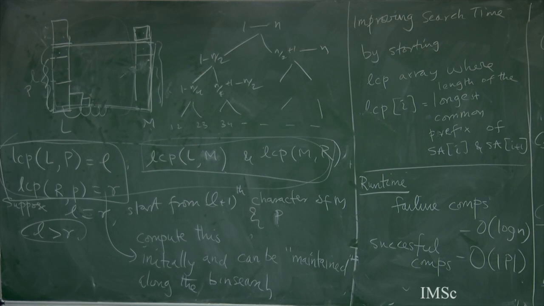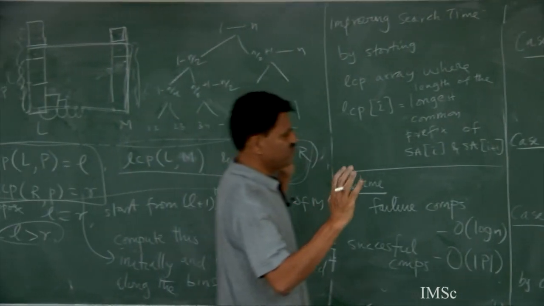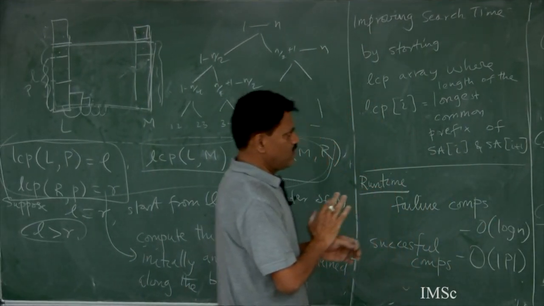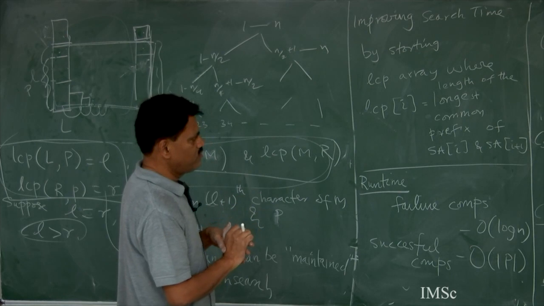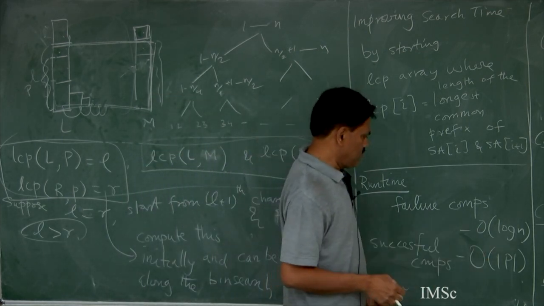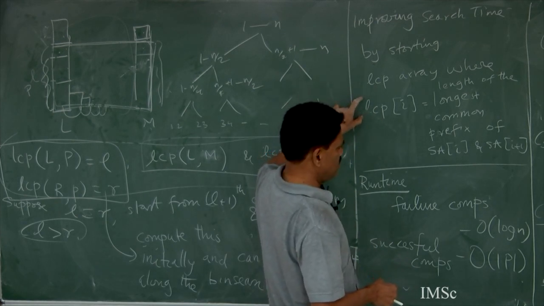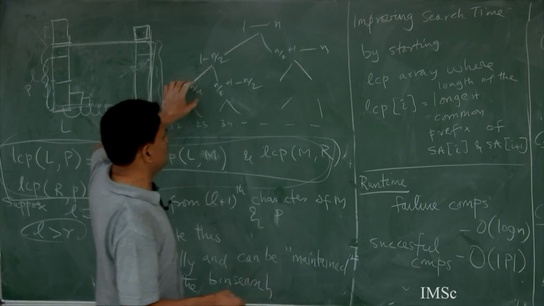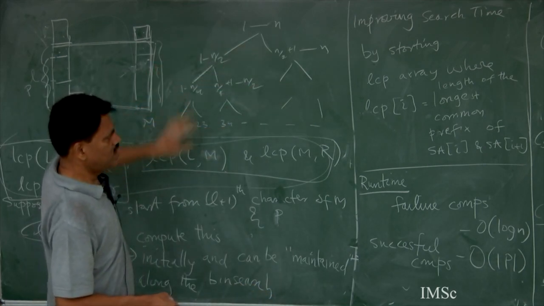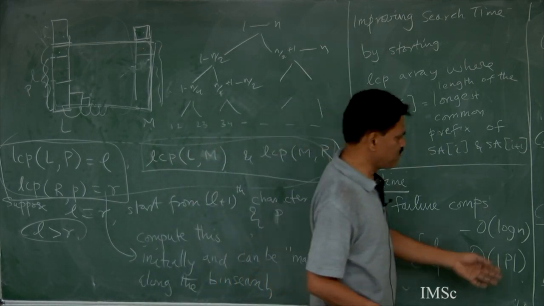Okay, so net, what have we argued? The suffix array is a very simple data structure, just an array, where you can do your pattern match in P times log n. But with this augmented extra array and maybe another array of size n, you can improve the search time to order P plus log n.